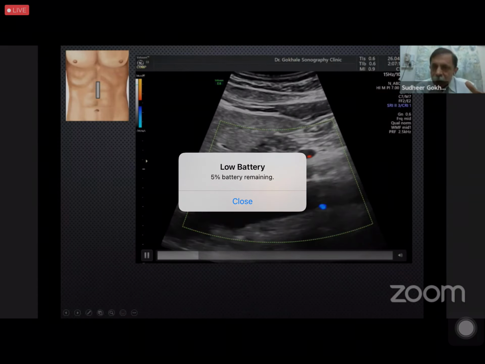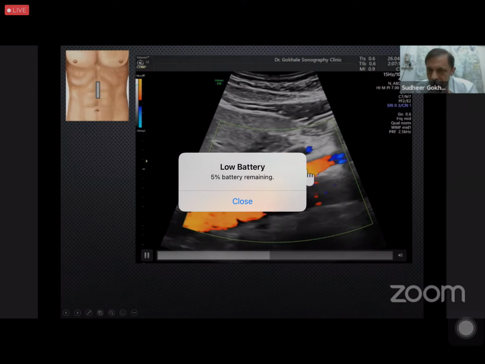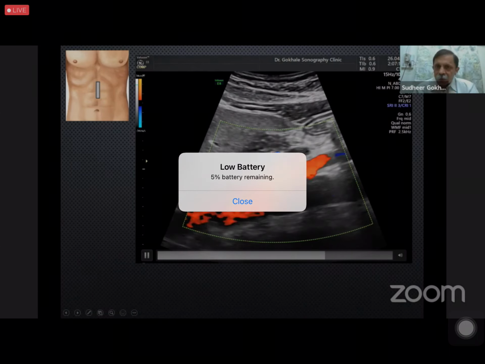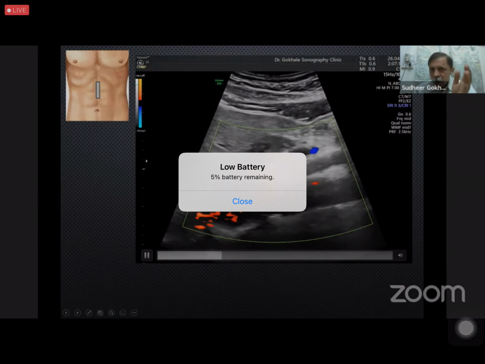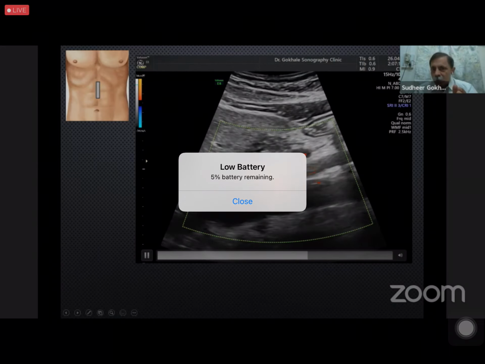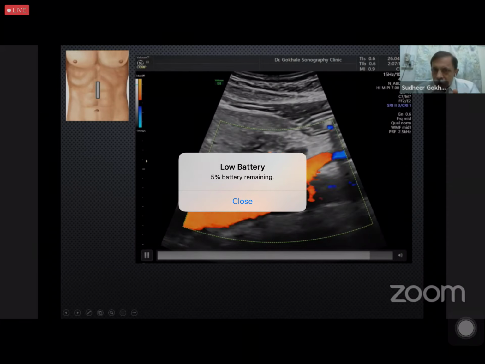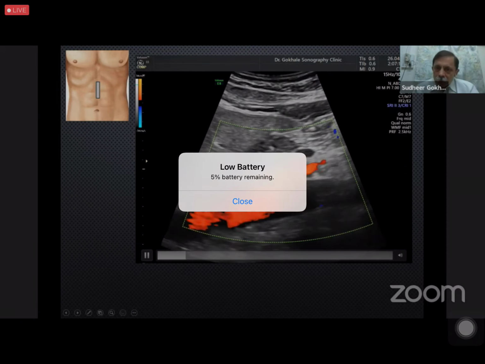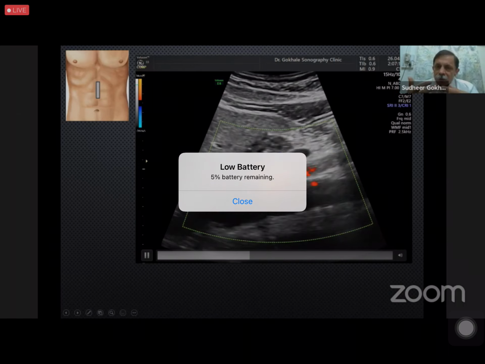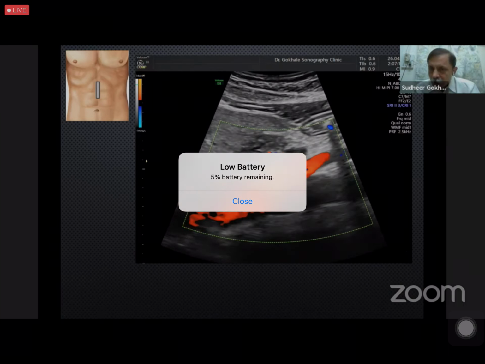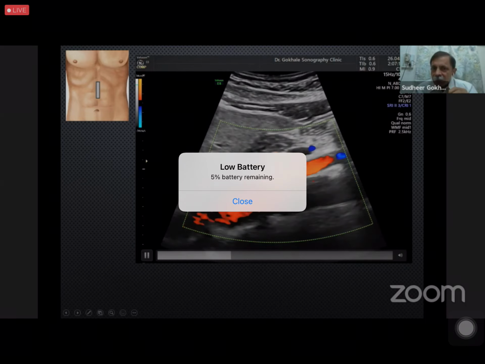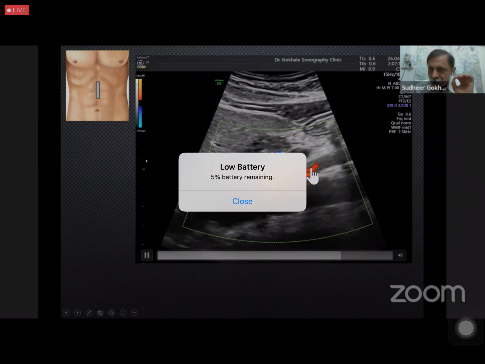It will be better in the celiac trunk as compared to the SMA, because the celiac trunk is almost parallel to your ultrasound beam. So when the Doppler angle is almost zero, the signal detection is far superior, and therefore it might appear on color that the velocities in the celiac trunk are far higher than the velocities in the SMA.